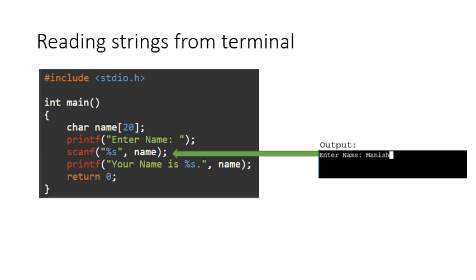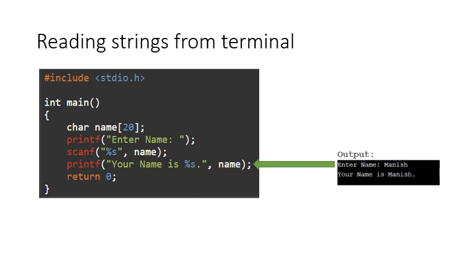So you will get "Your name is Manish." And the main function will return after printing this statement. So this is how your name is printed, and you read a string from the terminal using the %s format specifier.